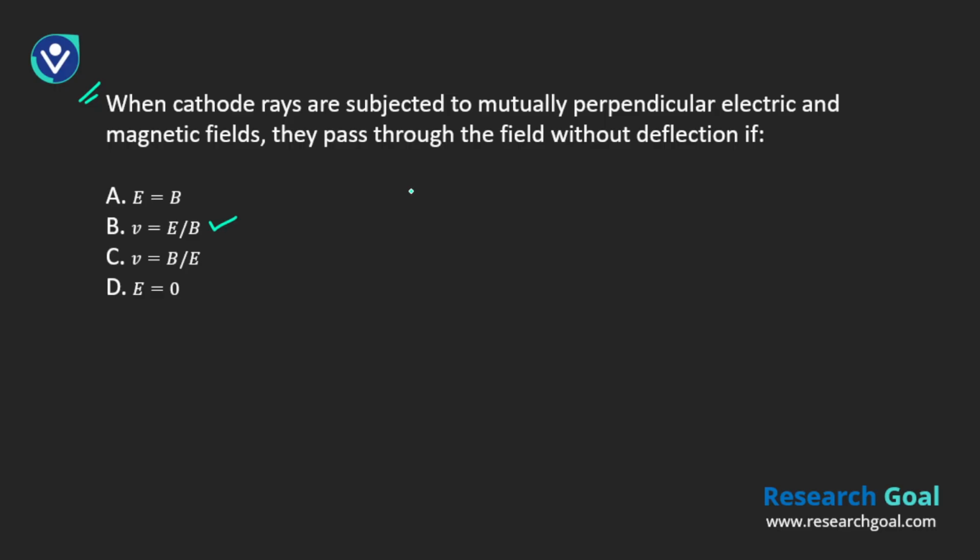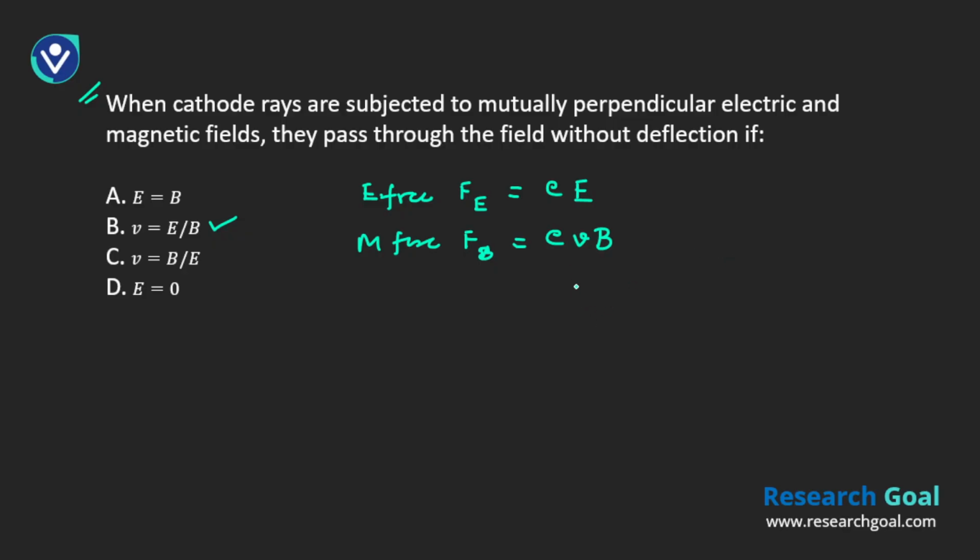So if you remember, two forces were acting on those oil droplets. One is the electric force, which I can write as Fe, which is e multiplied by E, the electric field. The next one is the magnetic force, which is Fm, or Fb we can write, which is equal to eVB. Correct?